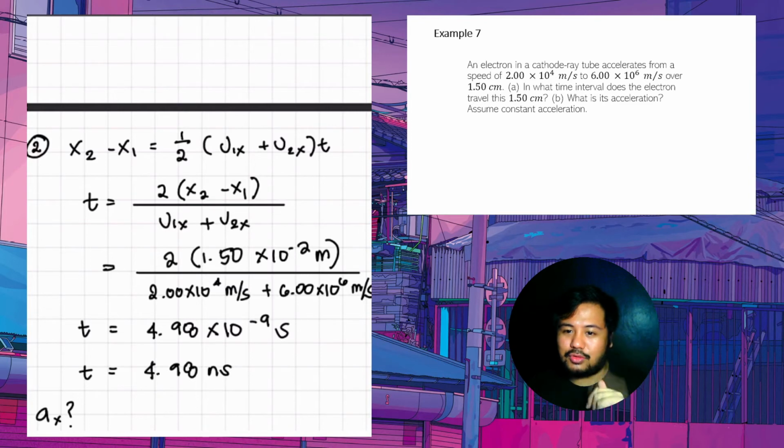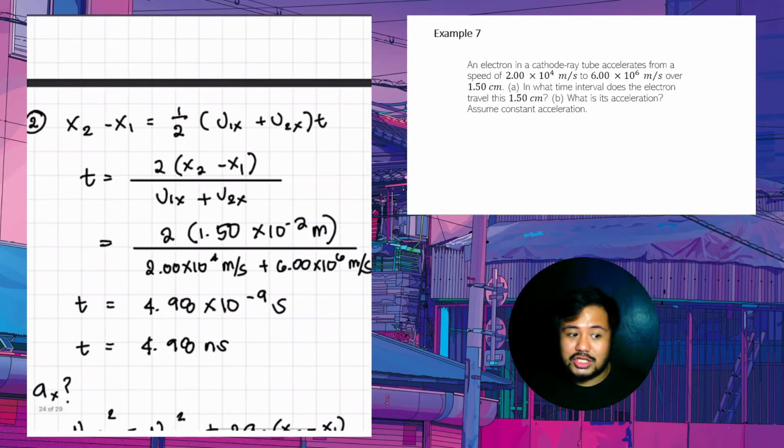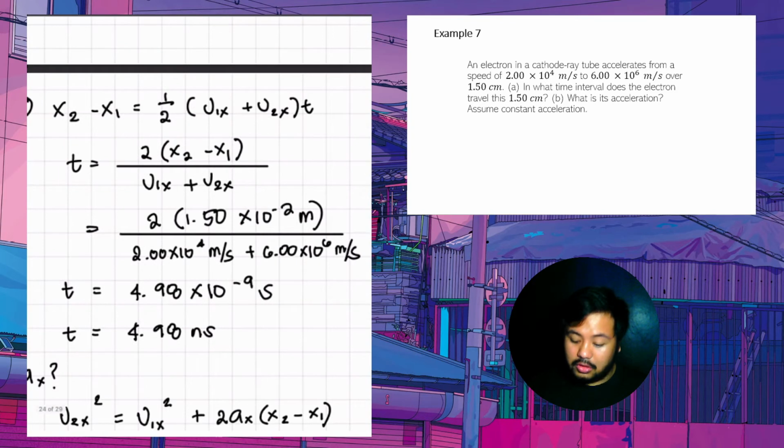Then you substitute all your variables. x2 minus x1, or the change in position, you have here 1.50 times 10 raised to negative 2 meters, all over v1x plus v2x, I have here 2 times 10 raised to 4 meters per second plus 6 times 10 raised to 6 meters per second.